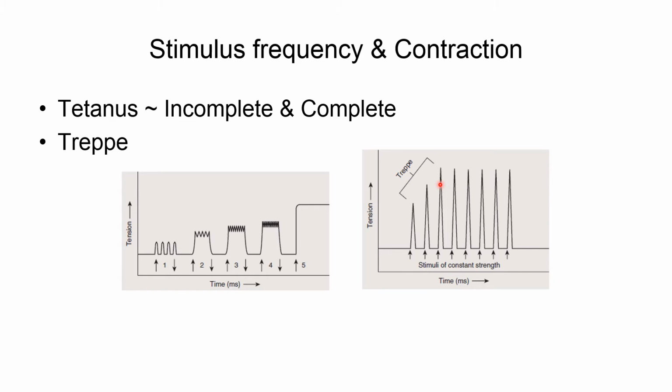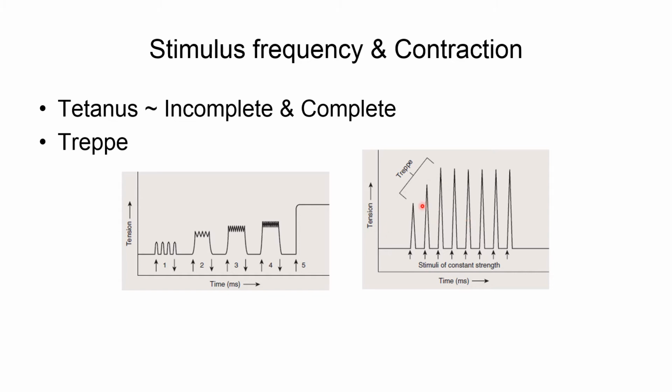So the calcium concentration is increased, more troponin is bound, more cross bridges are formed and more force is produced. Later on, the same muscle cell produces the same force, because all the cross bridges are already formed, so there is no addition of cross bridges and no increase in force of contraction.